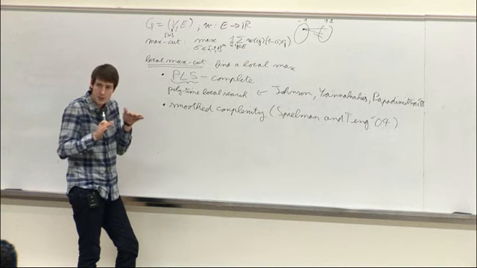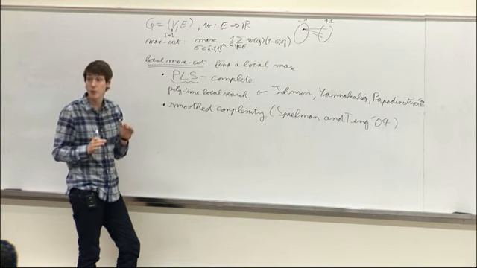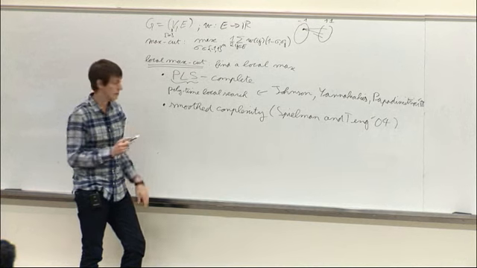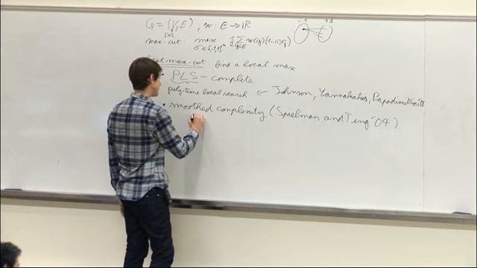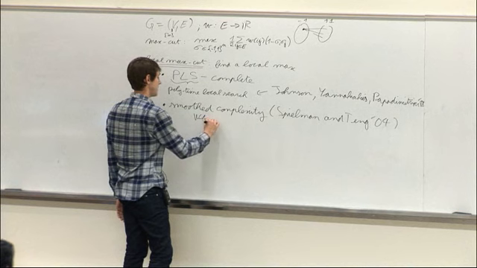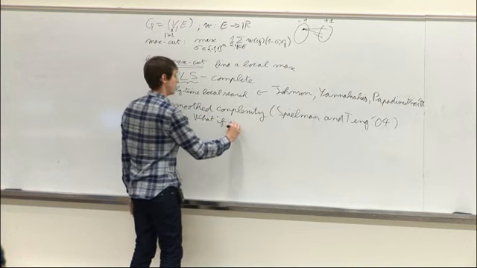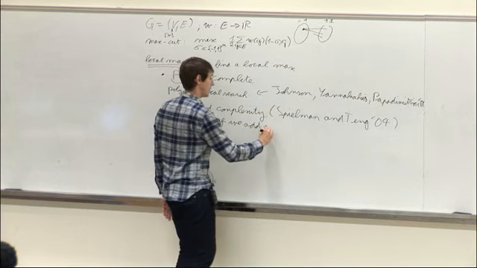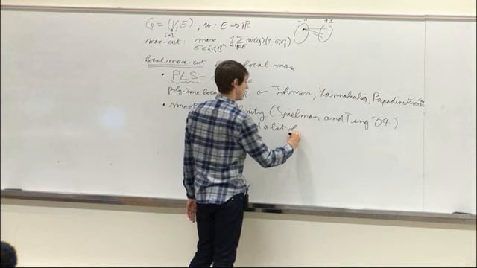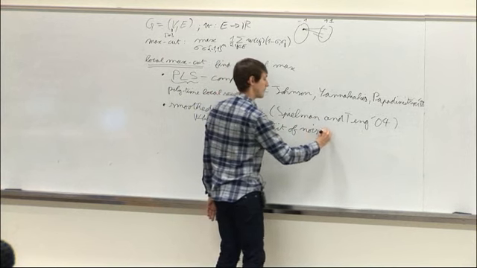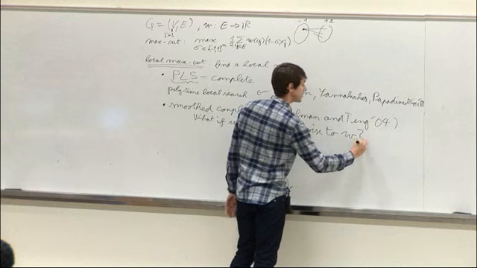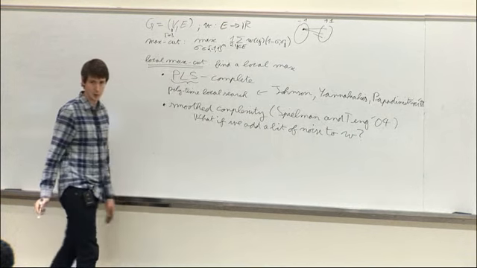And if you just add a little bit of noise, then it's going to remove all the hardness in this weight function. So smoothed complexity is: what if we add a bit of noise to W? Can we show that in this case this problem is solvable in polynomial time?